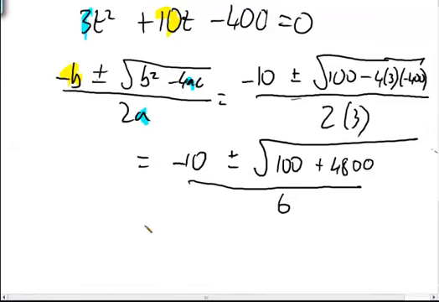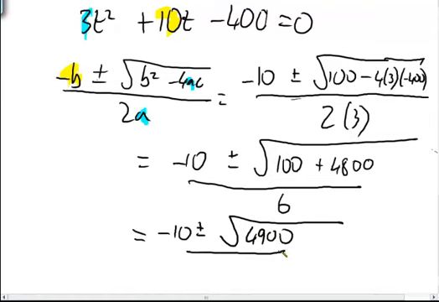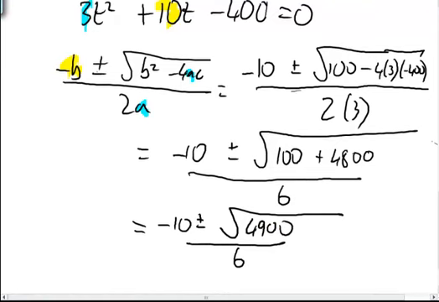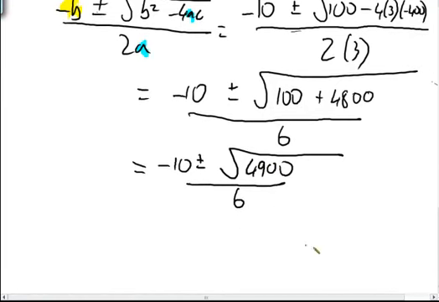So what we have here now is minus 10 plus or minus the square root of 4,900 all over 6. And you might realise that 4,900 is very like 7 squared is 49. In fact, 70 squared is 4,900. So we get an answer of minus 10 plus or minus 70 over 6.